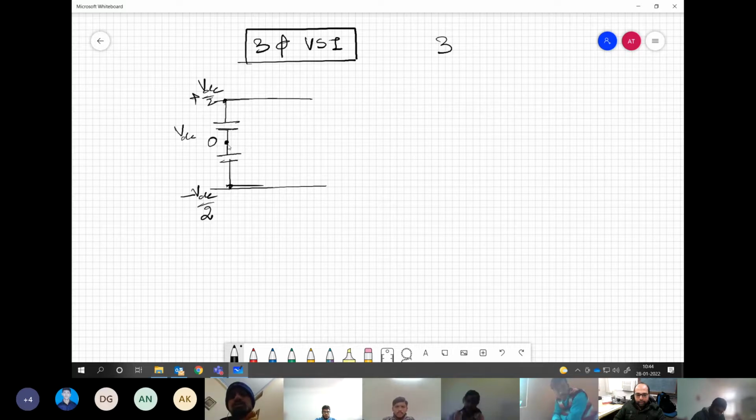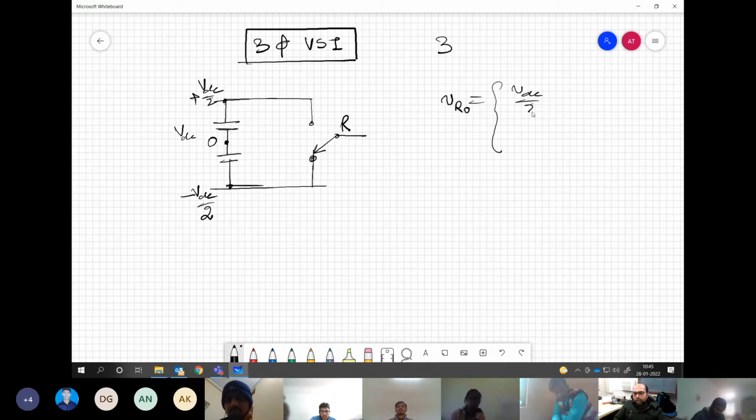Now this is happening with respect to the point O, correct? This is called the DC bus midpoint. Now if you have an SPDT switch here, and the pole is connecting the load terminal, I have denoted it with R. Now the voltage VRO, that means the voltage at point R with respect to point O, has two possibilities.